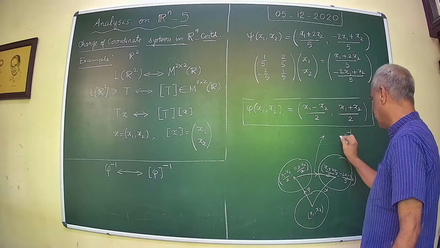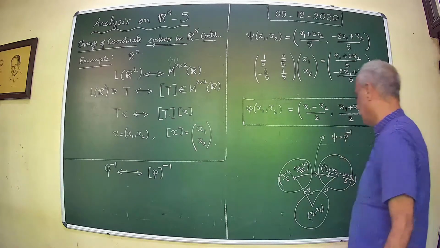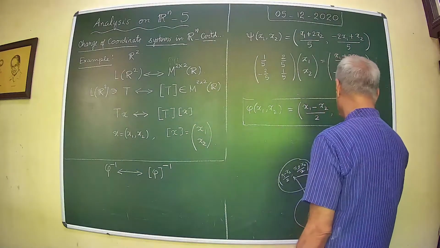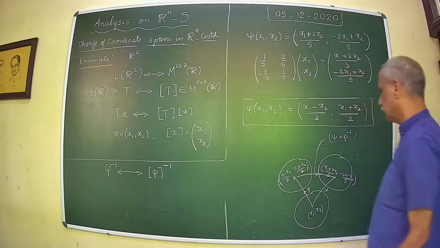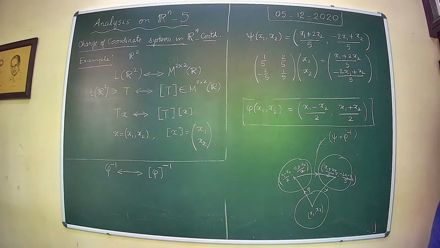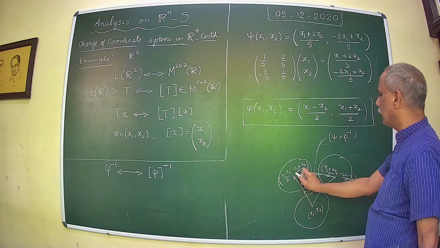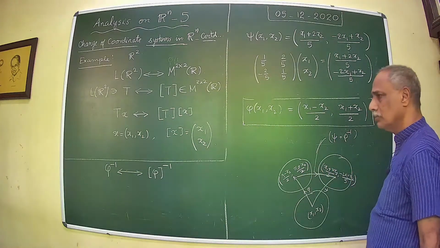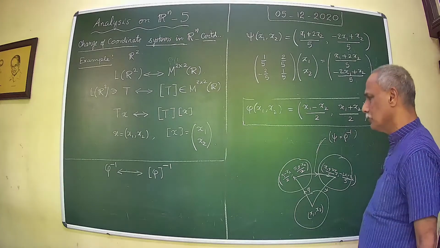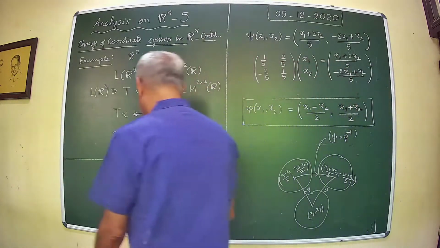Phi inverse. This is the map. This is identified. Therefore, now you should be able to write this map also in terms of a 2 by 2 matrix. What you are asking for is this.